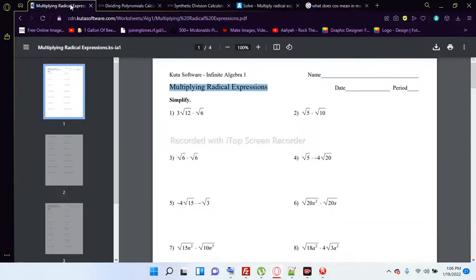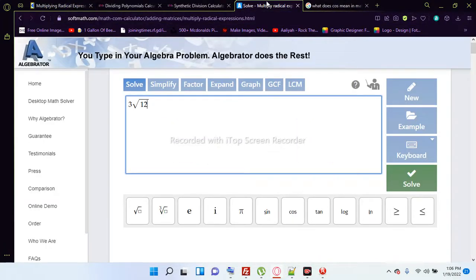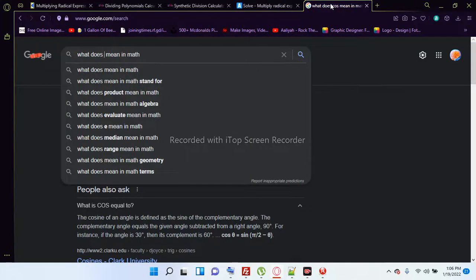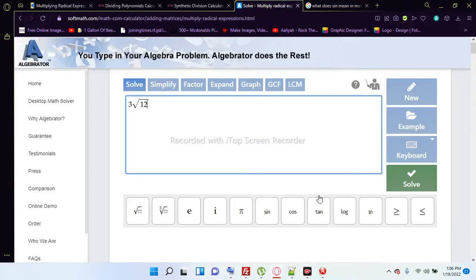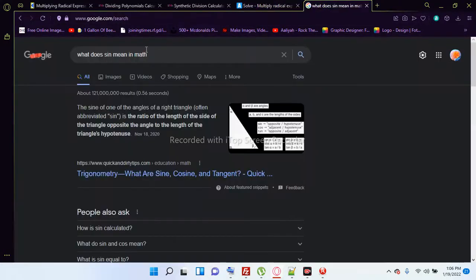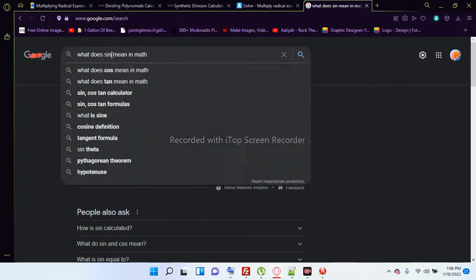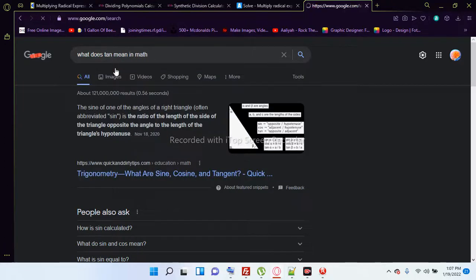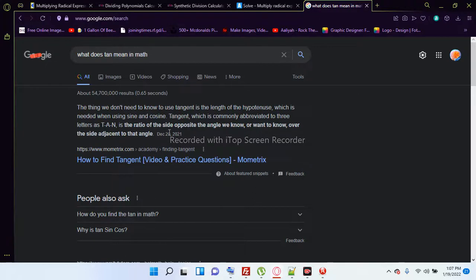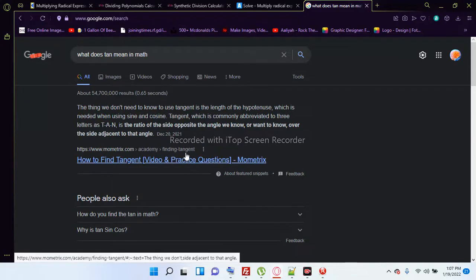Go right back and find out what sin means in math. Sin is one of the angles of the right triangle. What does tan mean in math? You explain to them people because you don't know what most of that is. So type it in, you can find out. What does tan mean? The ratio of the side opposite the angle we know or want to know over the side adjacent to the angle.